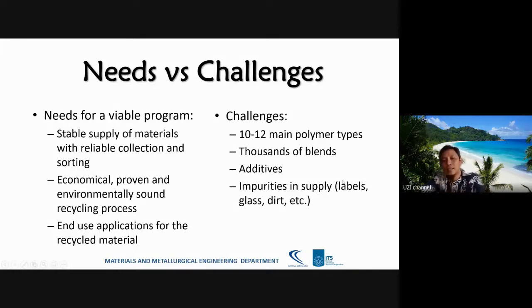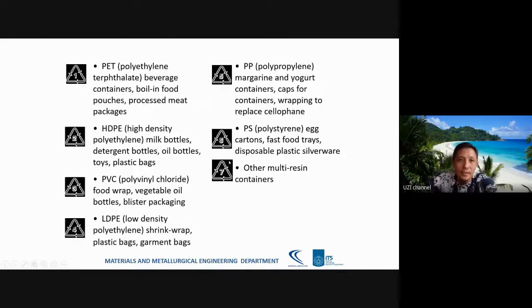Labels, glass, dirt, etc. will affect the recycling process. These are the types of polymers as I said previously.